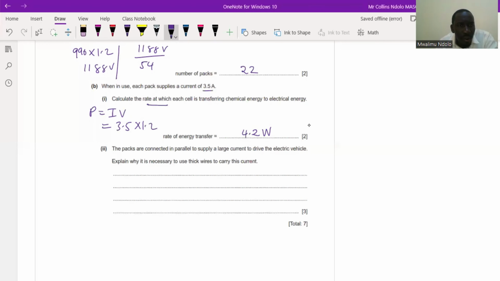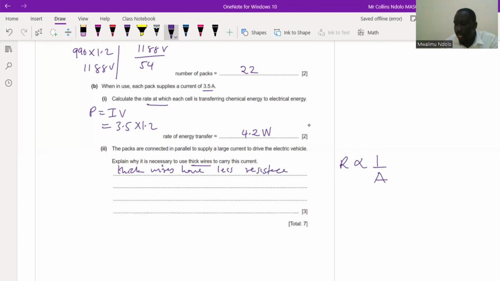Now, the packs are connected in parallel to supply a large current to drive the electric vehicle. Explain why it is necessary to use thick wires to carry this current. So what you know is that R is inversely proportional to the cross-sectional area. What does it mean? It means that thick wires have less resistance.